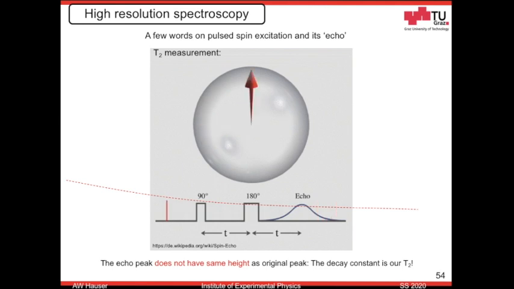So this is a very clever way of measuring T2 time. We use the echo principle via a combination of a 90-degree pulse with a 180-degree pulse. And we can repeat this many, many times in order to get an accurate value for T2.